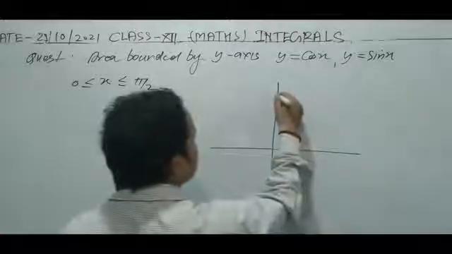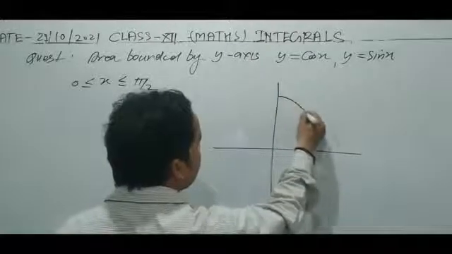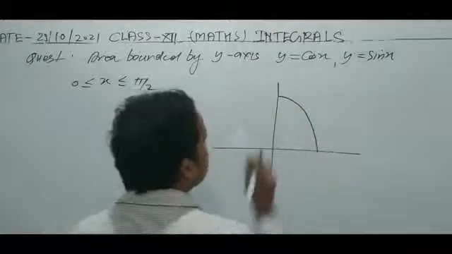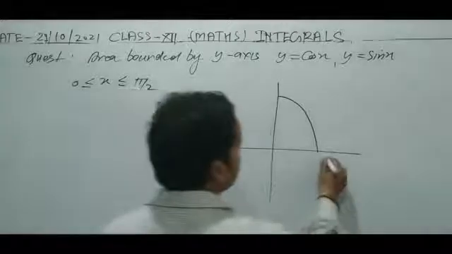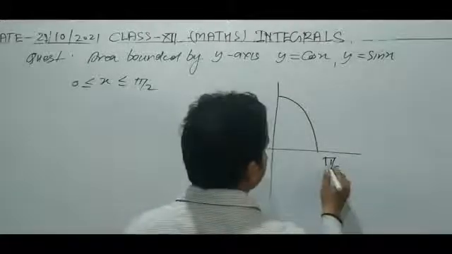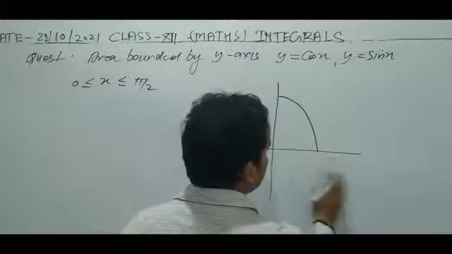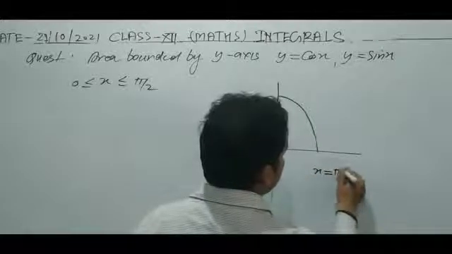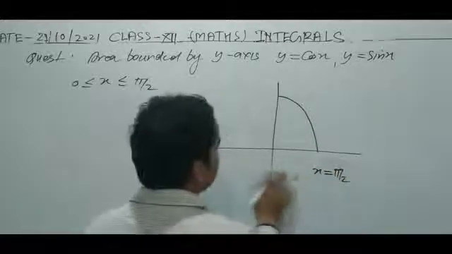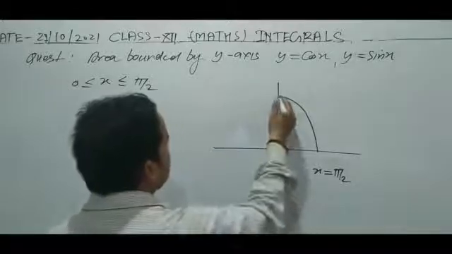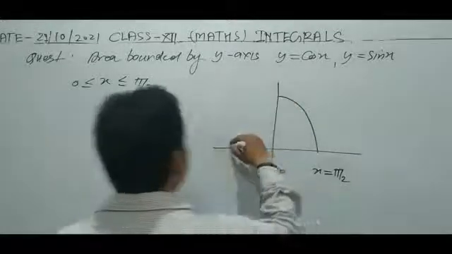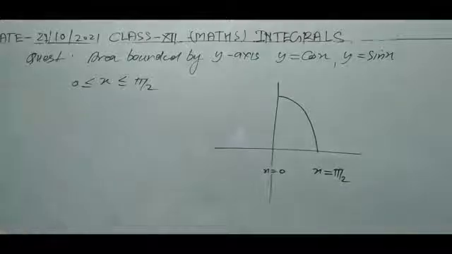So this is the function of cos x, y is equal to cos of x, and you know this is pi by 2, and this is x is equal to 0, and this is x is equal to minus pi by 2.